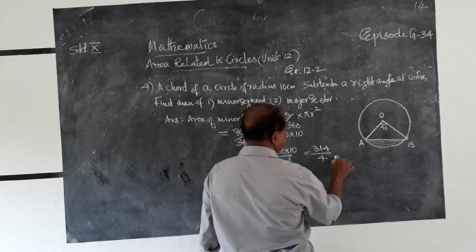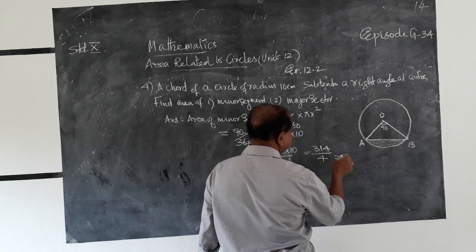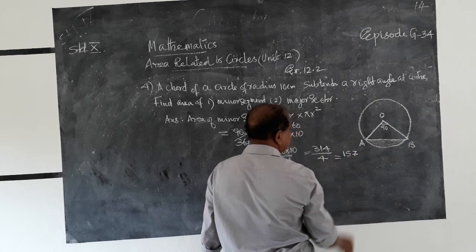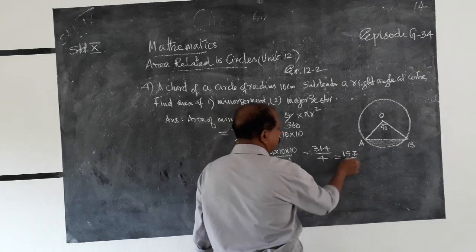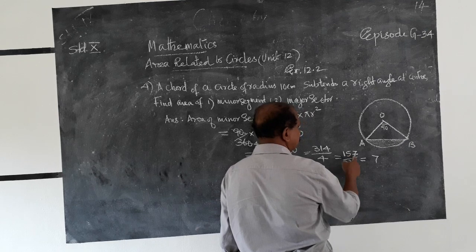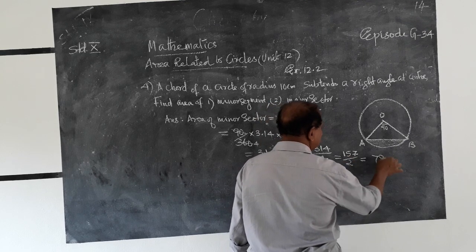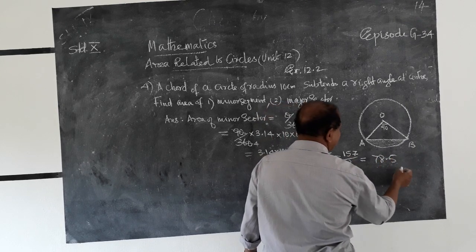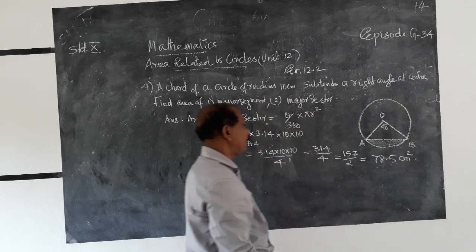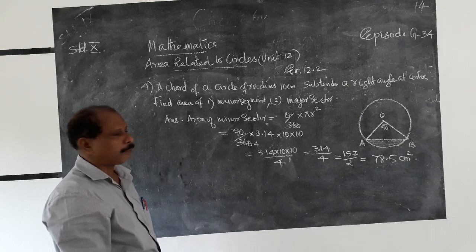That is equal to 157 by 2, which is equal to 78.5 centimeter square. That is the area of the minor sector.